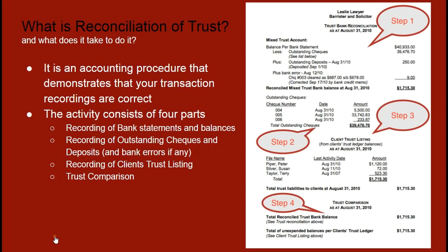And this is the reconciliation process. Of course, we at uLaw do conduct a very specific CPD webinar on reconciliation, both trust and general, and it's very much available on our YouTube channel for you to review.